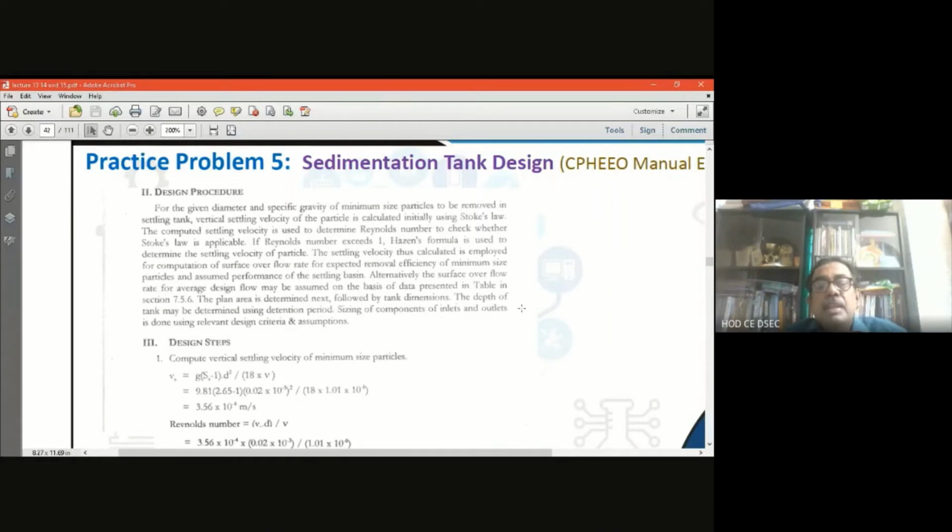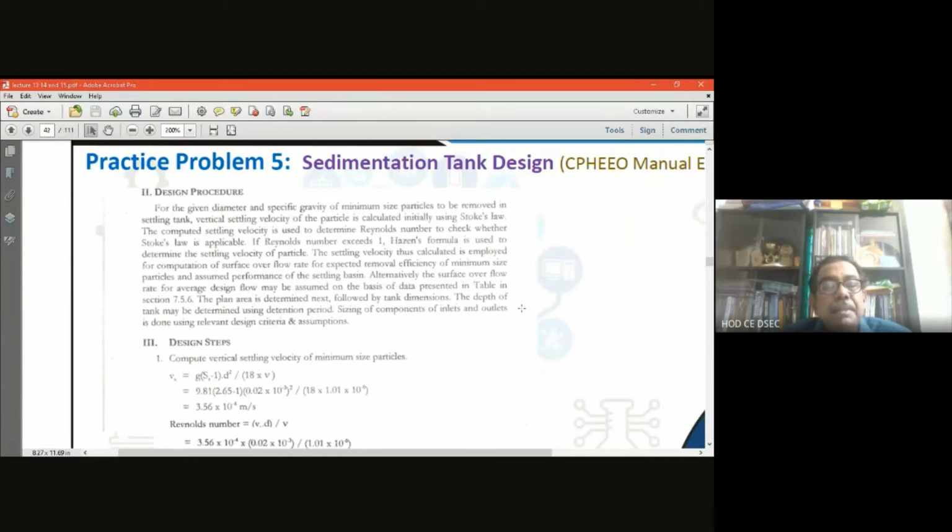Alternatively, the surface overflow rate for average design flow may be assumed from the data in the table. The plan area is determined next, followed by the tank dimensions.